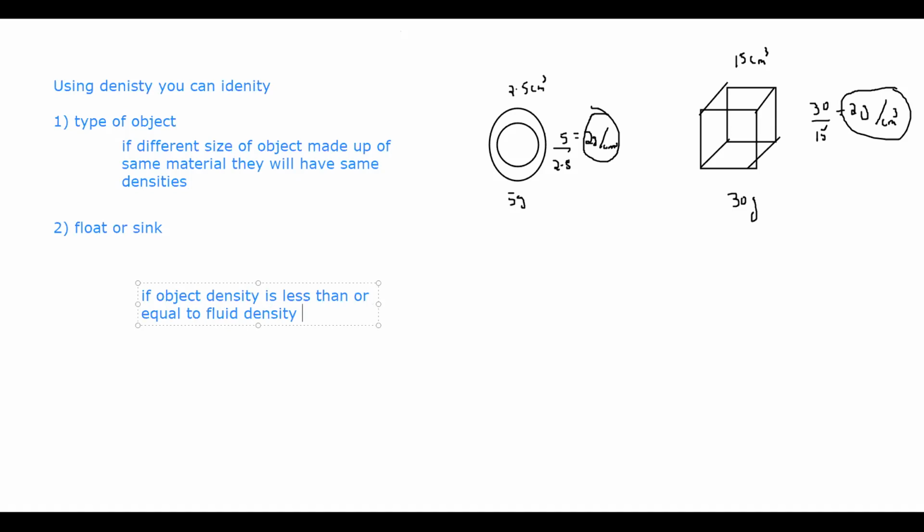So if object density is less than or equal to fluid density, it will float. But if object density is more than the fluid density, it will sink.